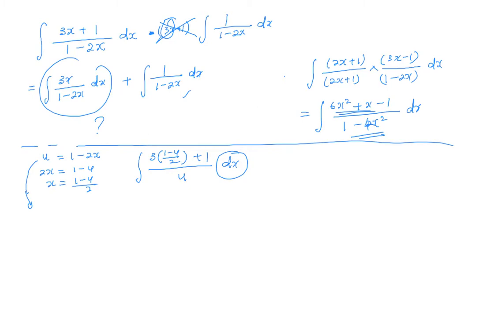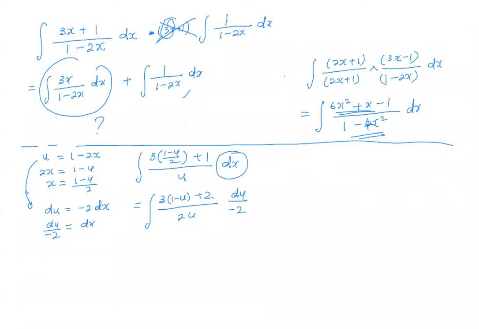I have to say du is equal to negative 2 dx. Correct? So my dx will be du over negative 2. So now I sub everything in here. Can or not? Okay, so now everything is in u.